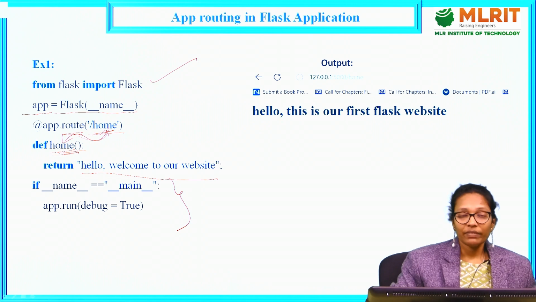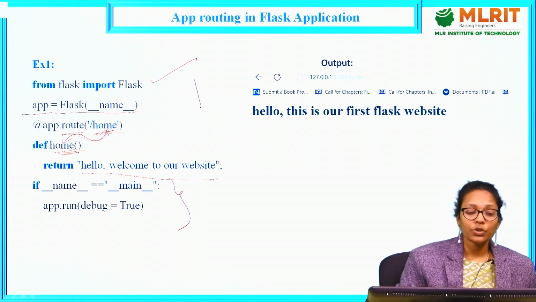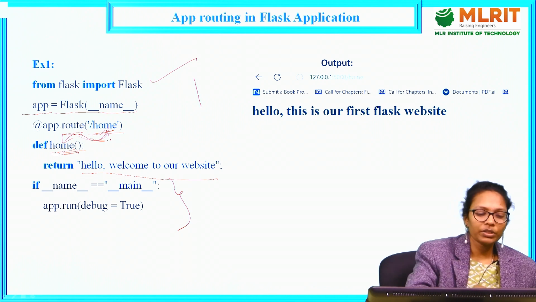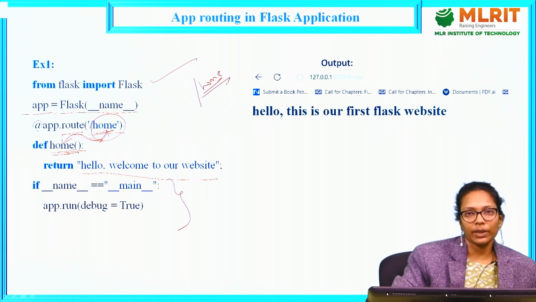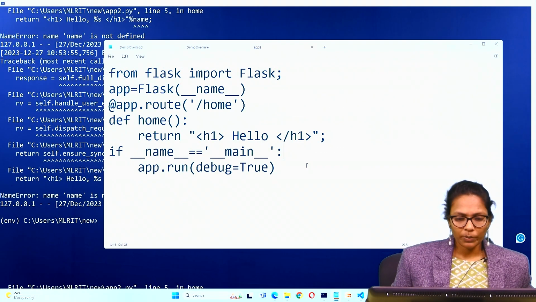Now, if I simply paste the URL followed by slash, I don't get the output. I should additionally give this home, which is the view function name. If I give this, only then will I get the output. So now I'm executing this application.